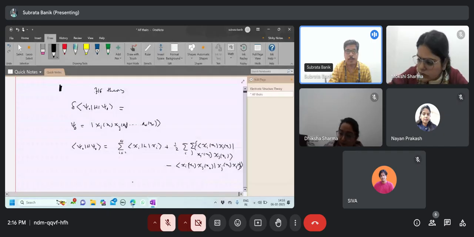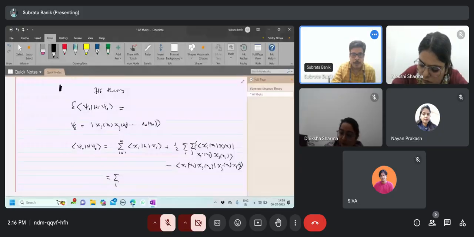This we have also written in a shorthand notation, just like you write 1 to n. In the Dirac notation, we have written h_ii plus half, i equal to 1 to n, j equal to 1 to n, ij for the Coulomb part.